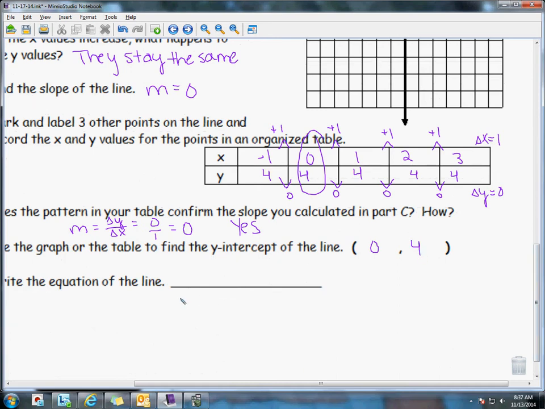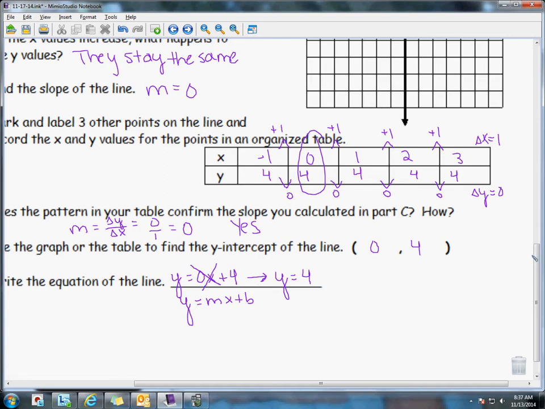Now here, it's the last one. It says write the equation of your line. y equals mx plus b. If you fill this in, we have y equals, your slope is 0 and you're multiplying that by x, plus b, which is my y-intercept, and that's 4. But anytime you multiply anything by 0, you're just going to get 0. So this cancels out and your equation is just y equals 4.